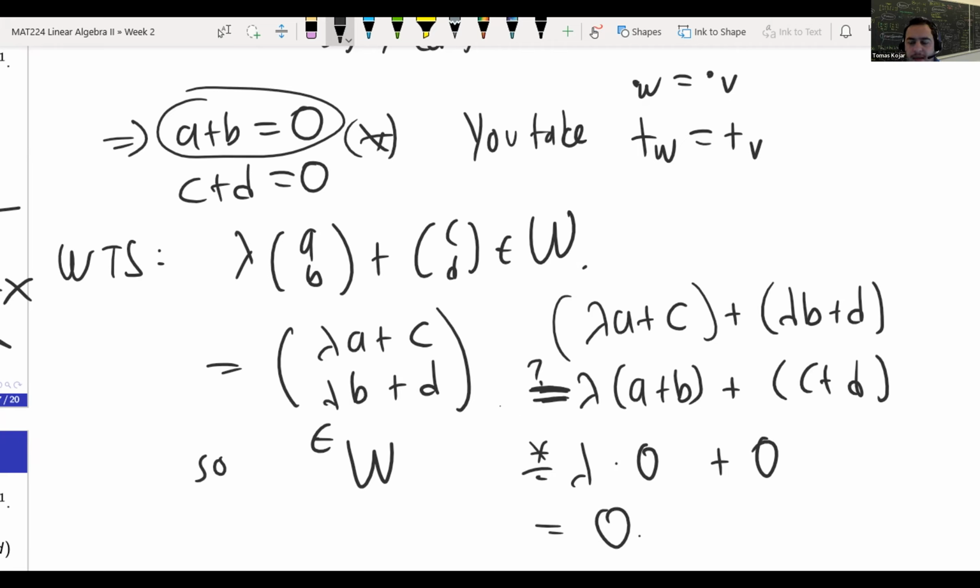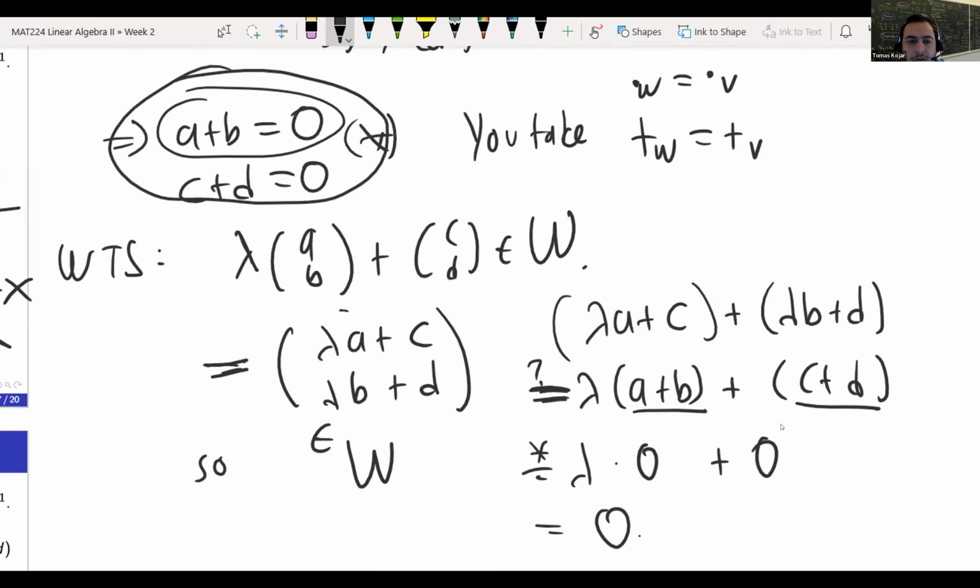Why did I add? Oh, because I know that their sum is 0. Right? I know A plus B is 0 and I know C plus D is 0. And I added them because I need to check closure. Right? I need to check that their closure is in W.